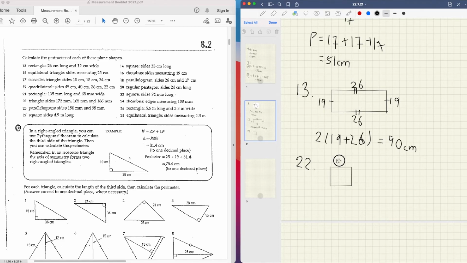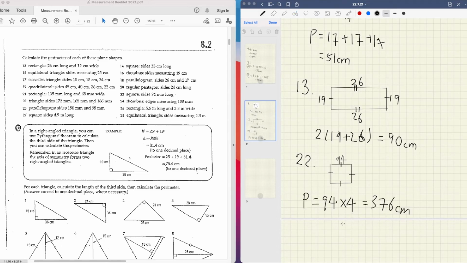So we know that the side length is 94. Now, what we also know about a square is that all sides of a square are equal in length. In other words, you can draw a line on each of the sides, okay? So to work out the perimeter of a square, we can just do 94 plus 94 plus 94 plus 94. Alternatively, we can just do 94 multiplied by 4, right?